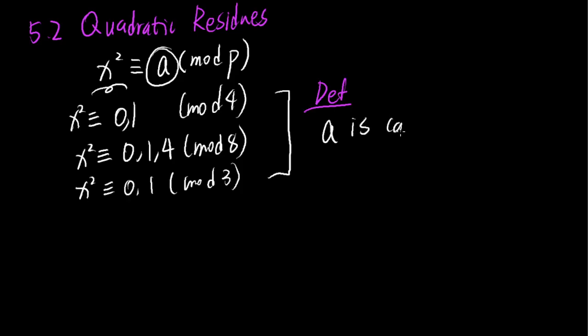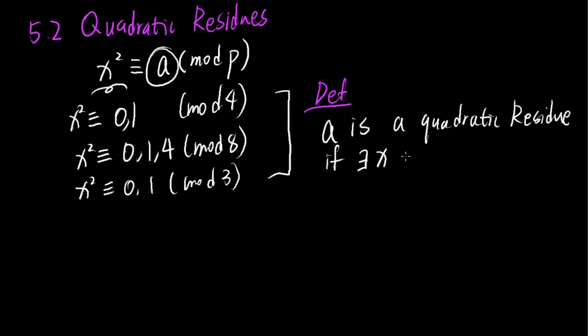We call a a quadratic residue if there exists an x such that x squared is equal to a mod p.